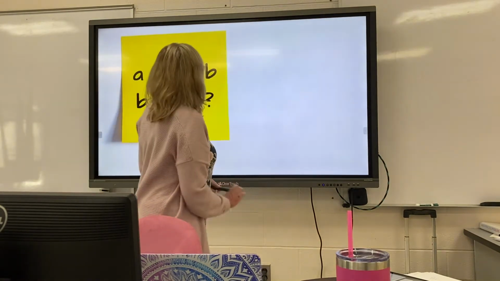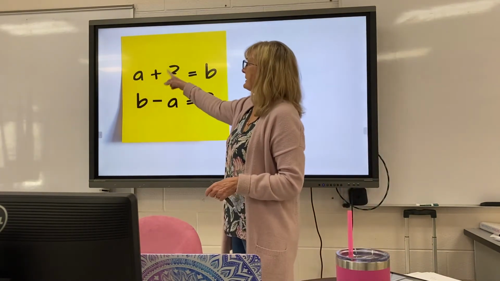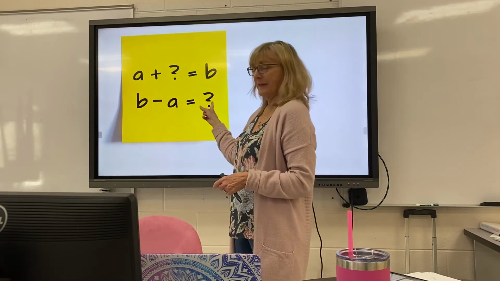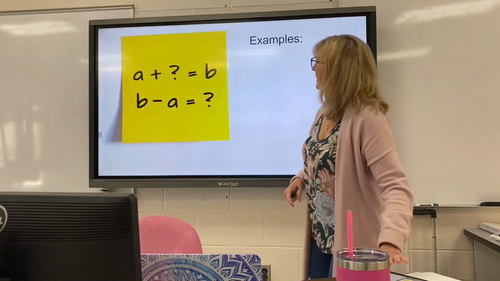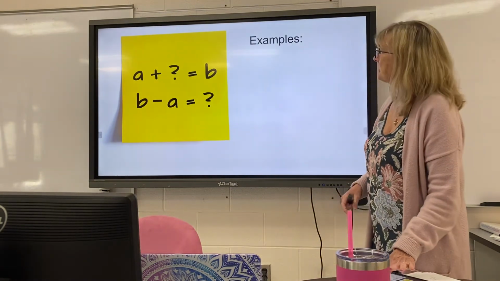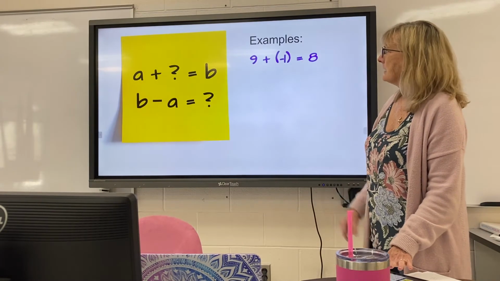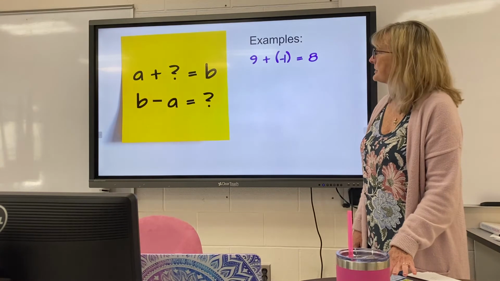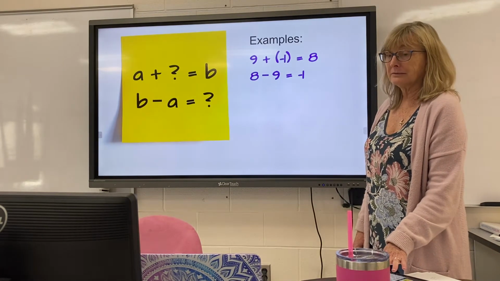All right, so remember we talked about this at the beginning where we had 2 plus something equals 5, and then we could do 5 minus 2, and that would equal to something, right? So let's look at a couple of examples just to refresh our memory. If we had 9 plus -1 equals 8, I can also say 8 minus 9 equals -1.